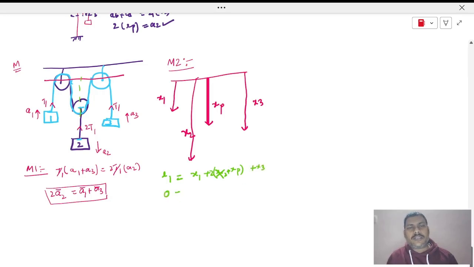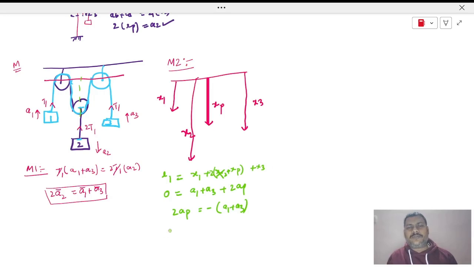Now taking the derivative, a1 plus a3 plus 2ap. So here ap is equal to a2, right? We'll check. Now 2ap is equal to minus of a1 plus a3, meaning the ap direction is opposite to a1 and a3. So ap is equal to a2 you have to prove, then the a2 direction is opposite to a1 and a3.